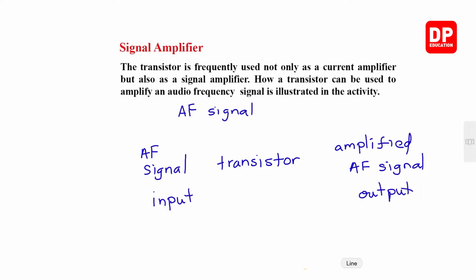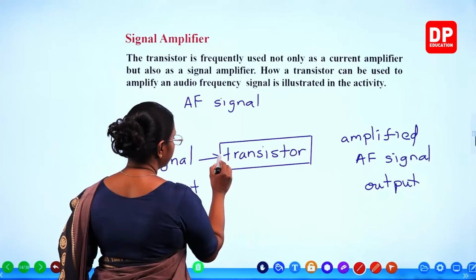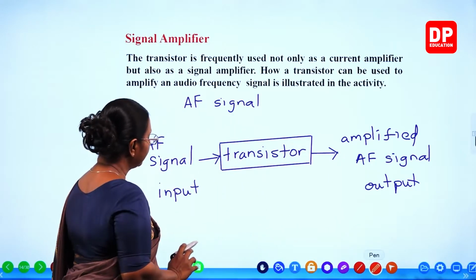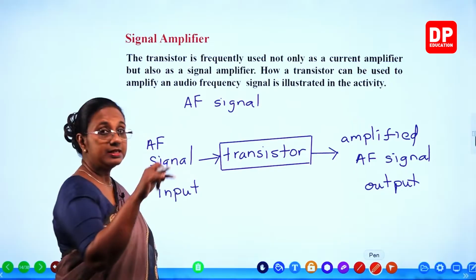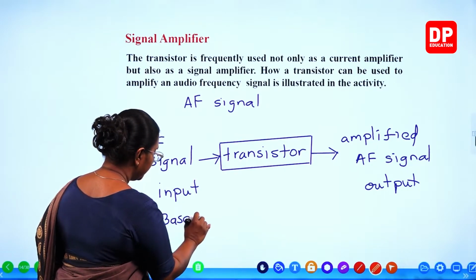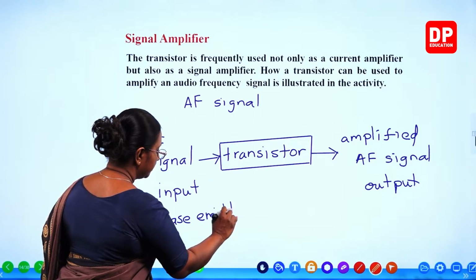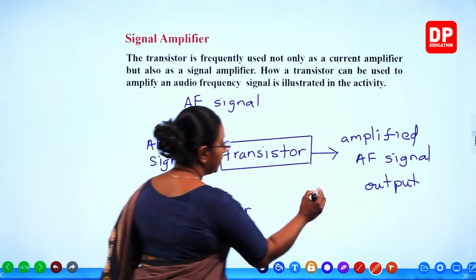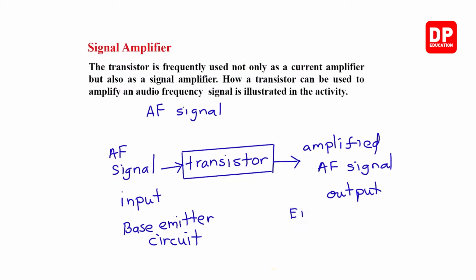This is the amplification process that we are going to observe now. This is given as input and that will be the output. So the input will be, what is the circuit? The base emitter circuit. Here the output will be the emitter collector circuit.